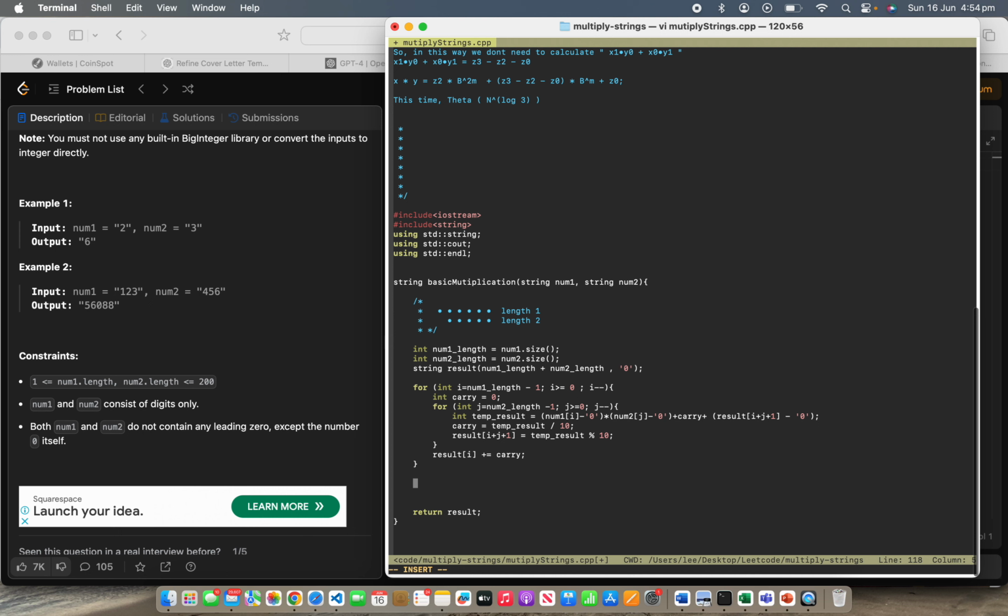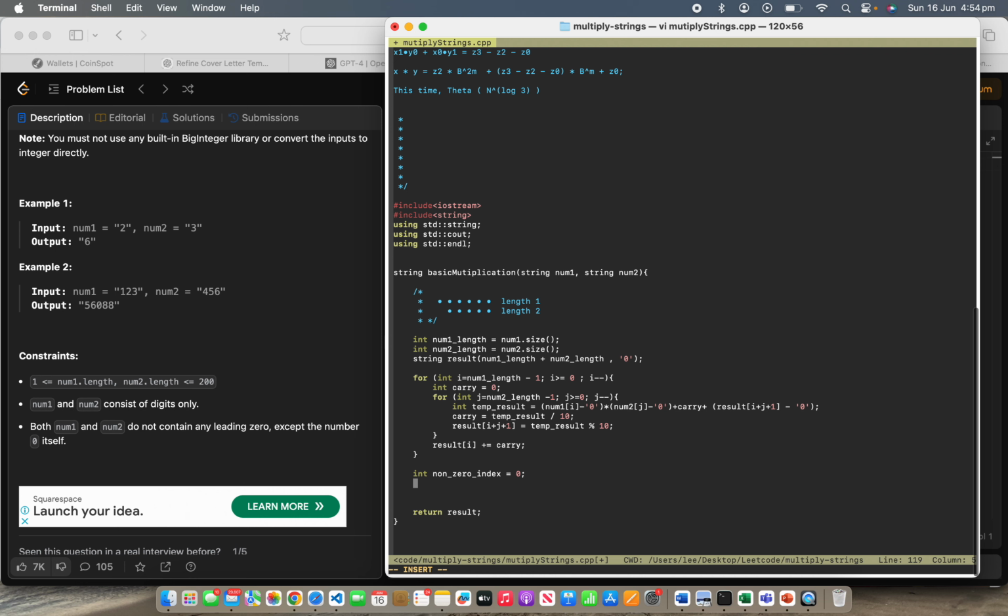We're going to find the non-zero index equal to 0, and the result non-zero index is equal to 0, and we cannot go out of scope, right?